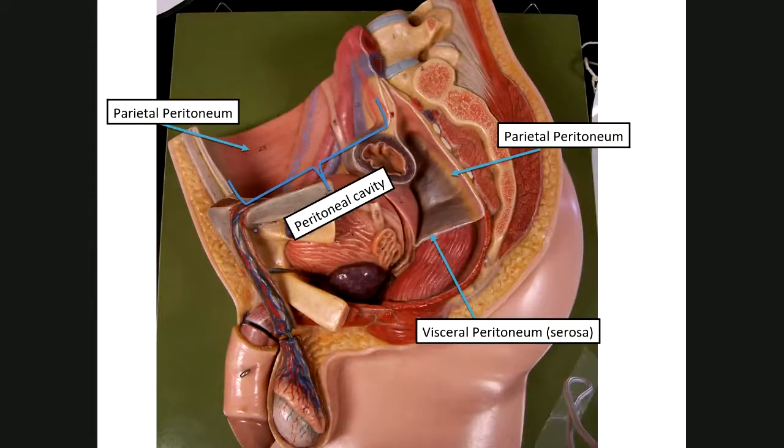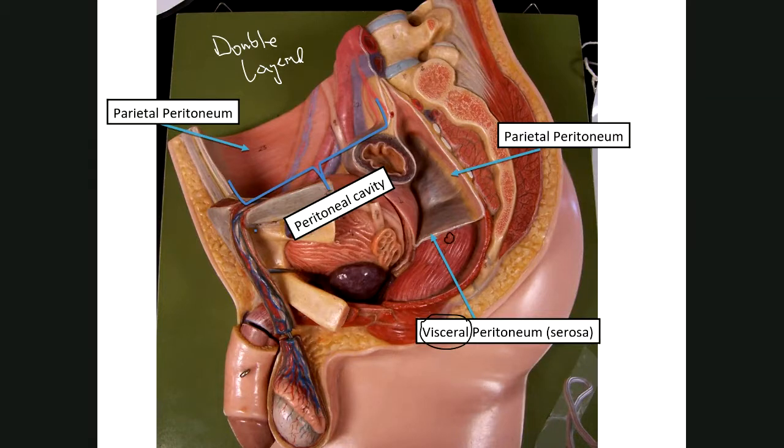Well, remember the peritoneum has 2 layers. It's a double layered membrane, just like around the heart, just like around the lungs. And so there's a visceral layer, and the visceral layer is the one that touches the organ. So look, that's touching the organ.